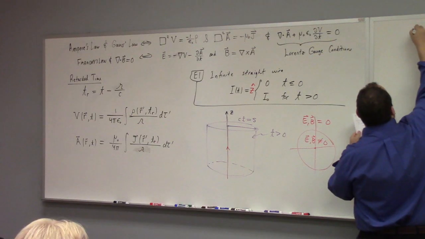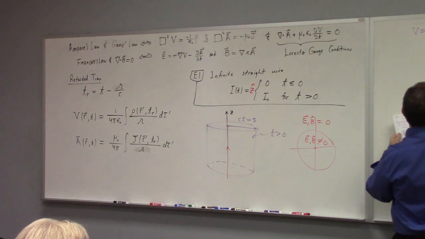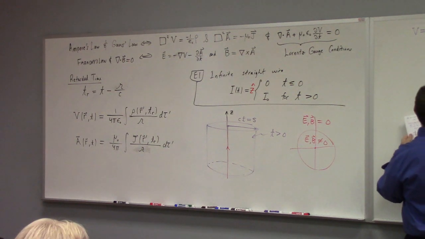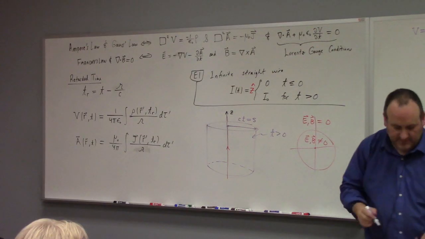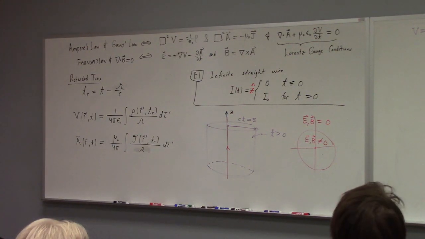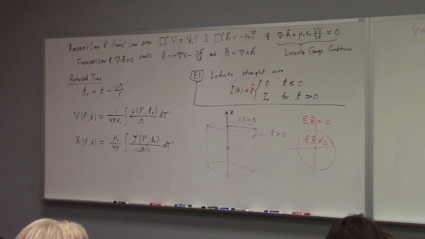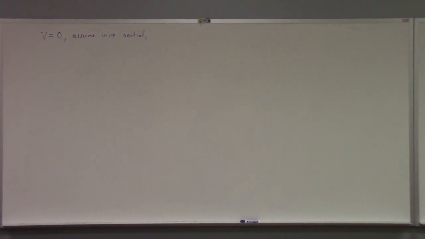So we've got V equal to 0. We'll assume the wire is neutral. So that means we're just responsible for calculating the vector potential, at the points of interest.